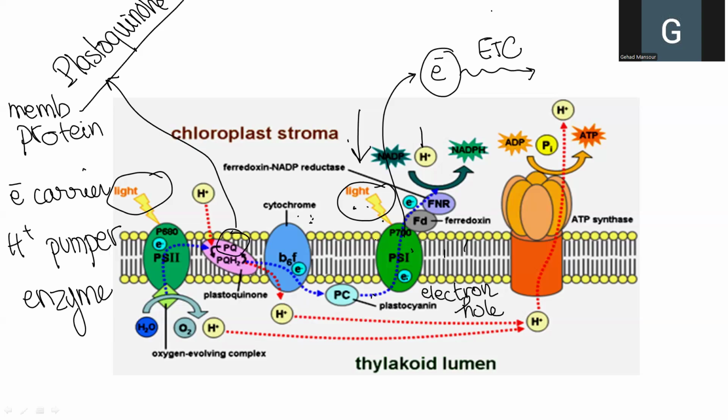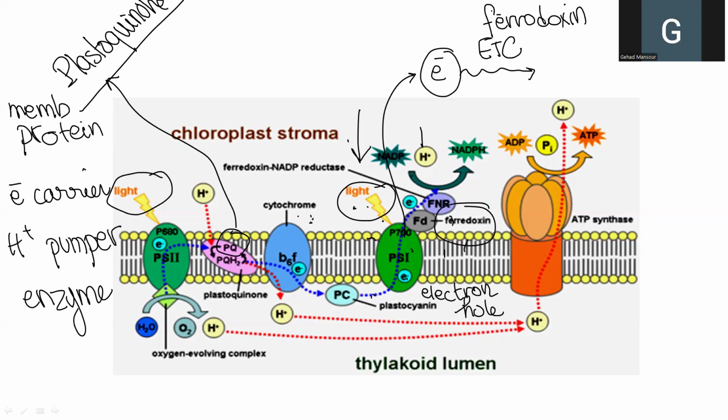Here we have another cell membrane protein, which is ferredoxin. So the most important electron transport protein here is ferredoxin. That is also an integral protein of the cell membrane that acts as an electron carrier, that acts as a proton pumper, and that helps at the end of the electron transfer chain to form reduced NADP.